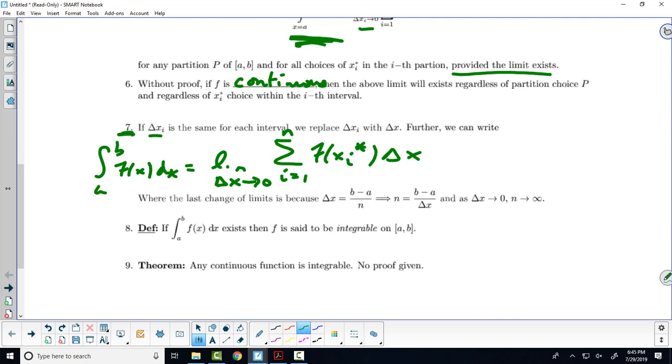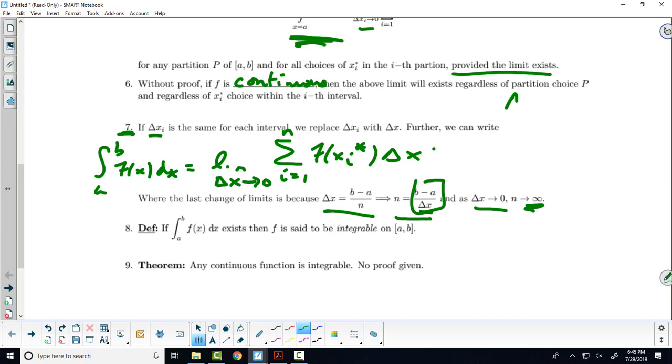But we can actually simplify this one step more. And this is related to this expression here. What did we say? Here I say it. What is delta x? It's b minus a over n. So if I solve this for n, we'd have this expression. So as delta x goes to 0, if this quantity is getting small, what's happening to this fraction? It's becoming arbitrarily large.